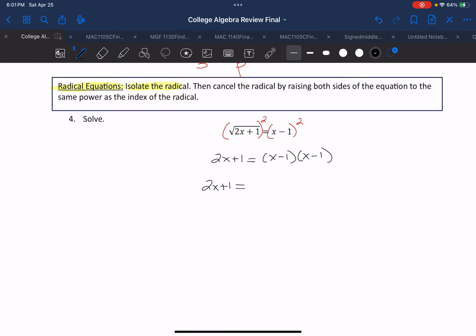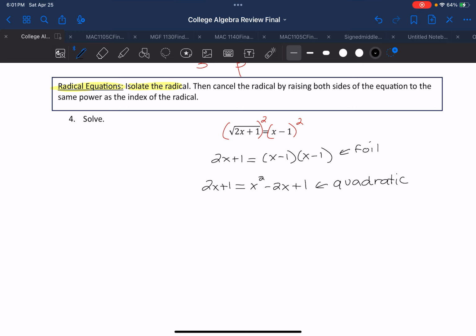So I'm going to bring down the left, so that will leave me with x squared minus 2x plus 1 after I FOIL and combine like terms. And now this is a quadratic equation.